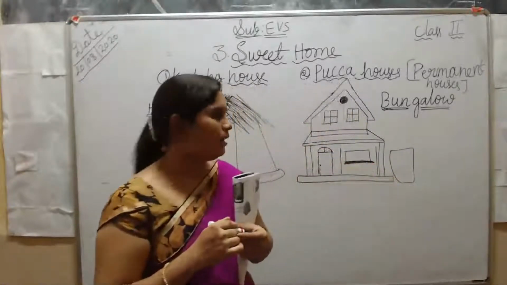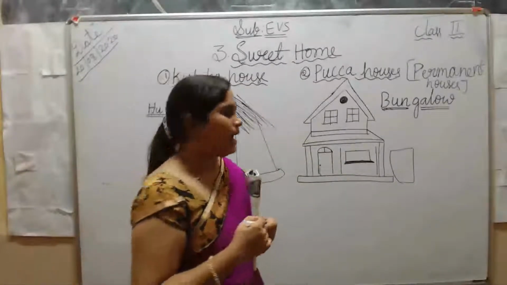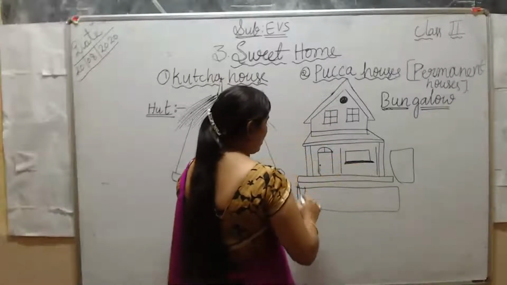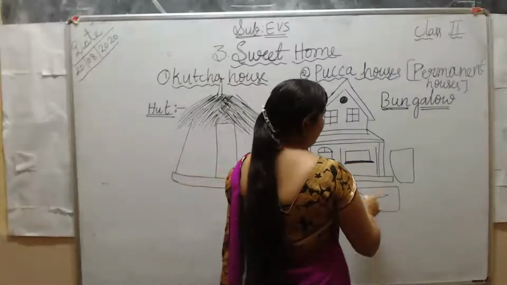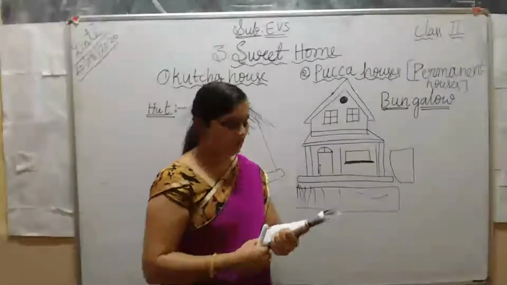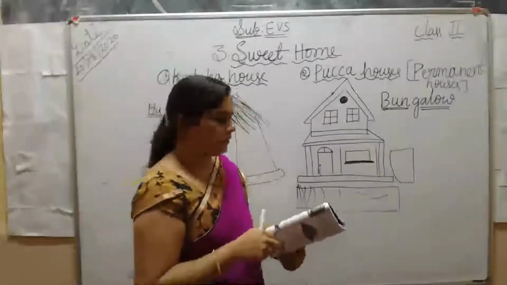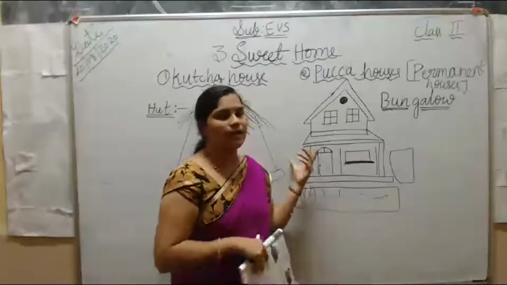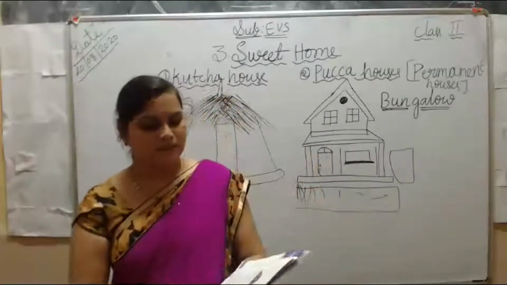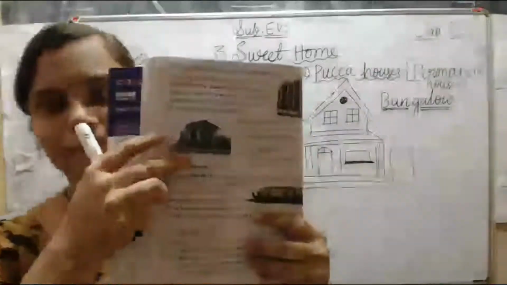The parking area we call a garage, and in front of the house some grass is there to make a garden. A bungalow has a big house and a large area. This is the picture of a bungalow.